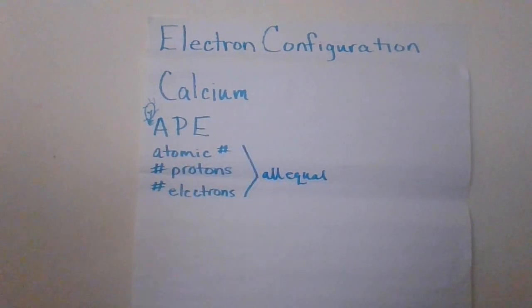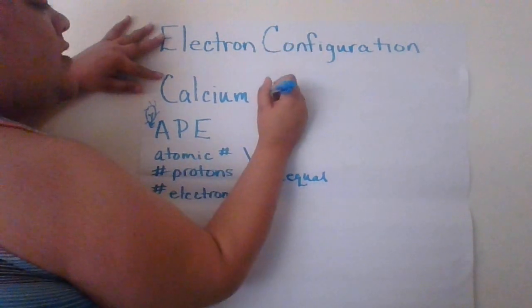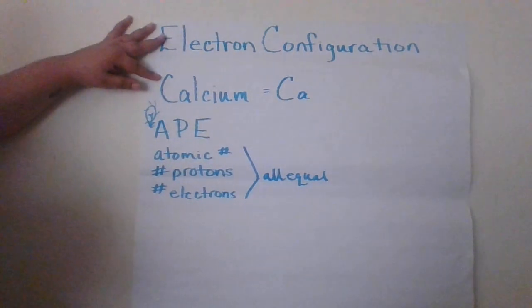Okay? And what determines our charge for our elements is the ratio of electrons to protons. So as I stated before, as they appear on the periodic table, they are in their neutral state. If we were to see calcium, we know it is normally written capital C, lowercase a.